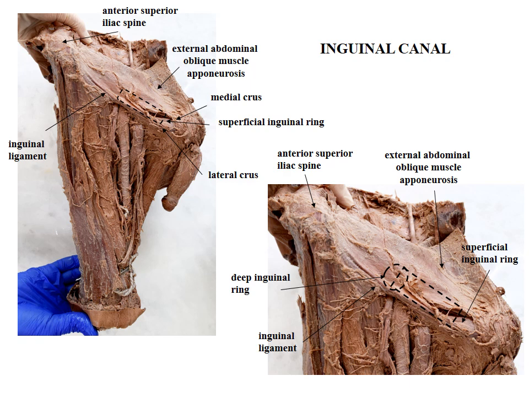It has a roof and a floor. The anterior wall is the aponeurosis of the external abdominal oblique muscle. The floor is the inguinal ligament. The roof is formed by the muscles, the internal oblique and transversus abdominis muscle, and the posterior wall is the transversalis fascia.